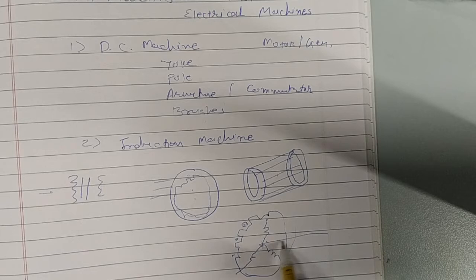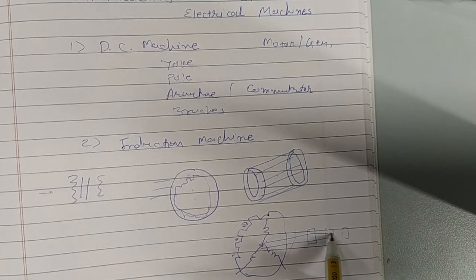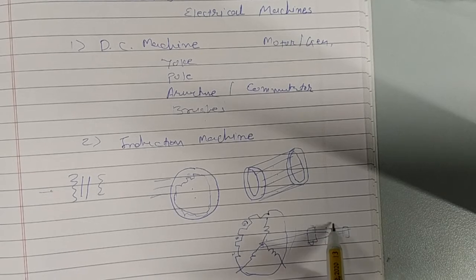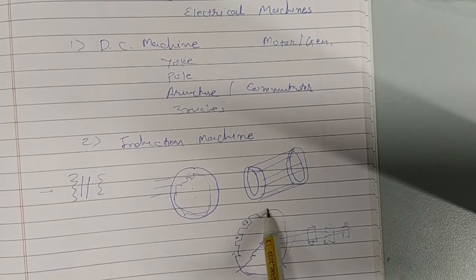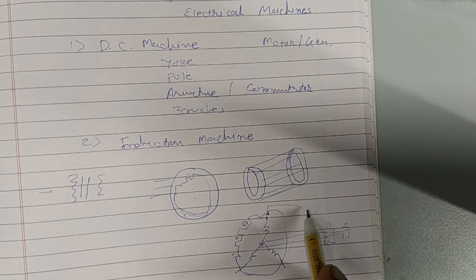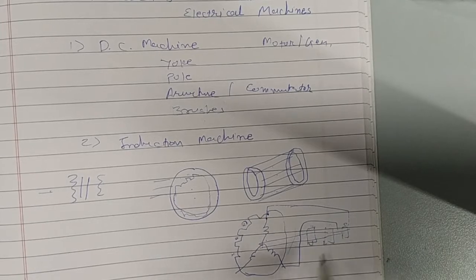And to the shaft we will have 3 slip rings. Brushes will be mounted over there, and these windings are taken out externally like this in the external circuit.